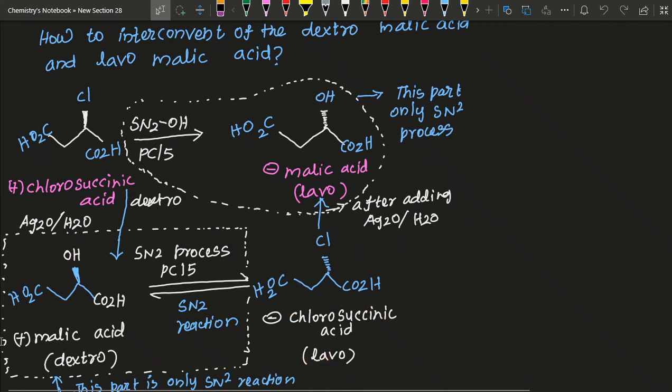This is the levo form, this is the dextro form. This chlorosuccinic acid again goes to minus malic acid, levo form, after adding Ag2O with H2O.